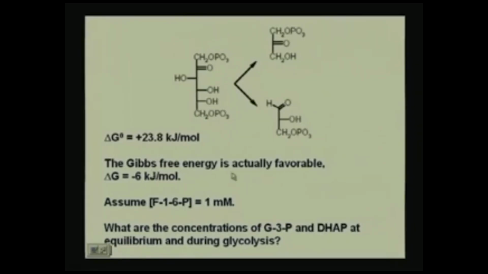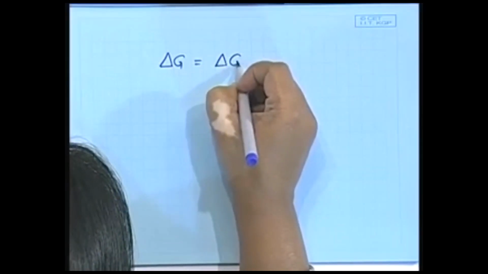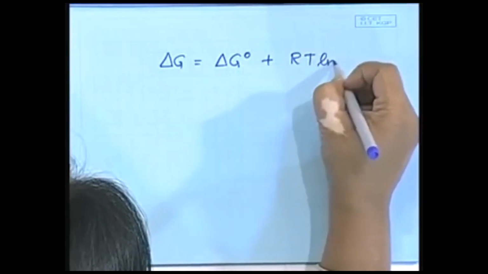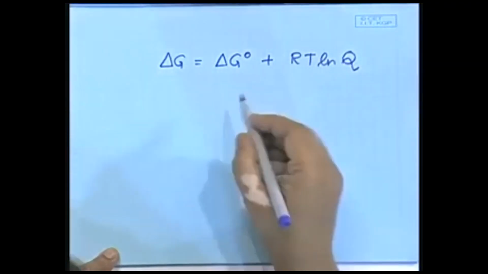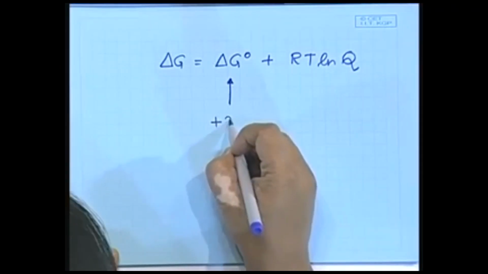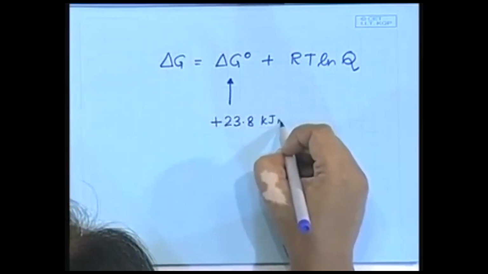The Gibbs free energy is actually favorable. What does that mean? I have a delta G. Let's just write this down clearly. So I have a delta G and I have a delta G0 plus RT ln Q. This value is plus 23.8 kilojoules per mole.